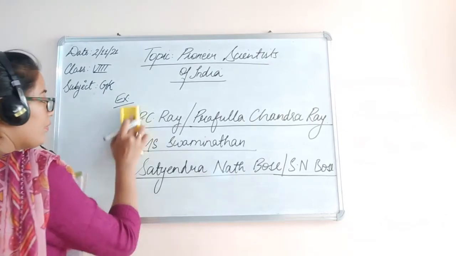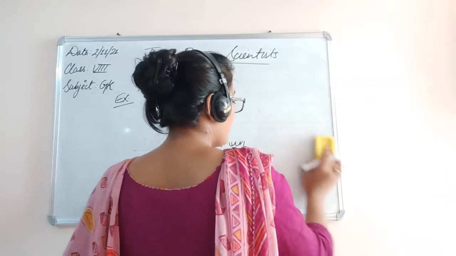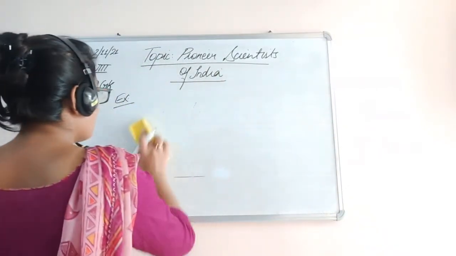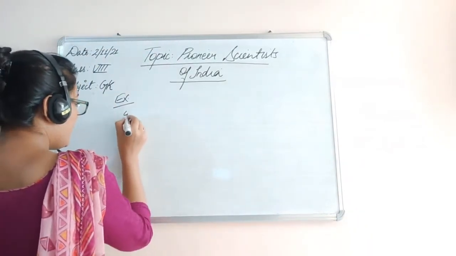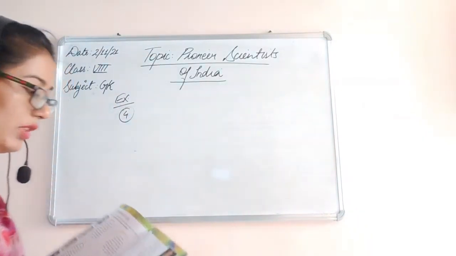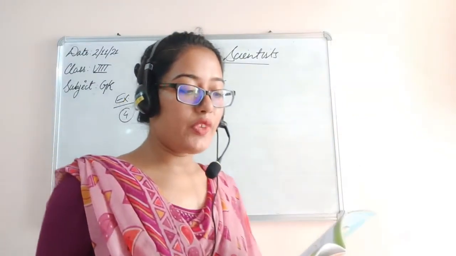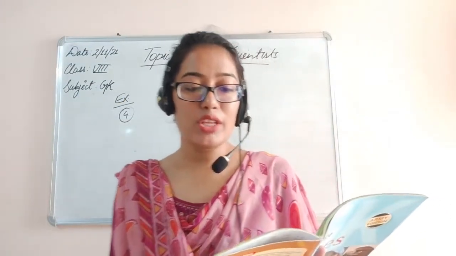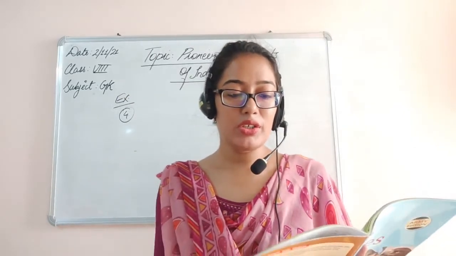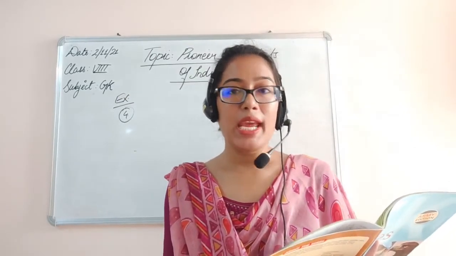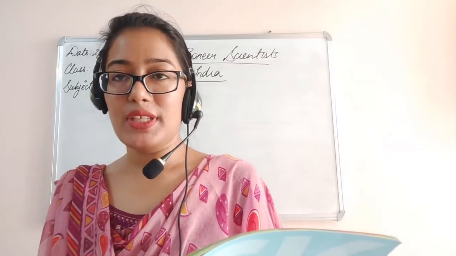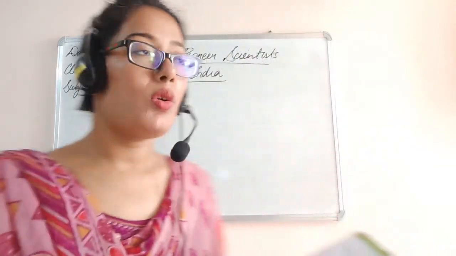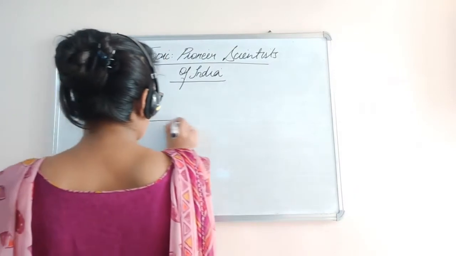The fourth part of this exercise is: he is a science fiction writer and a great astrophysicist. He did his research work in astronomy at Cambridge University under Fred Hoyle, who was one of the best astrophysicists in the world. So, what was the name of this scientist?